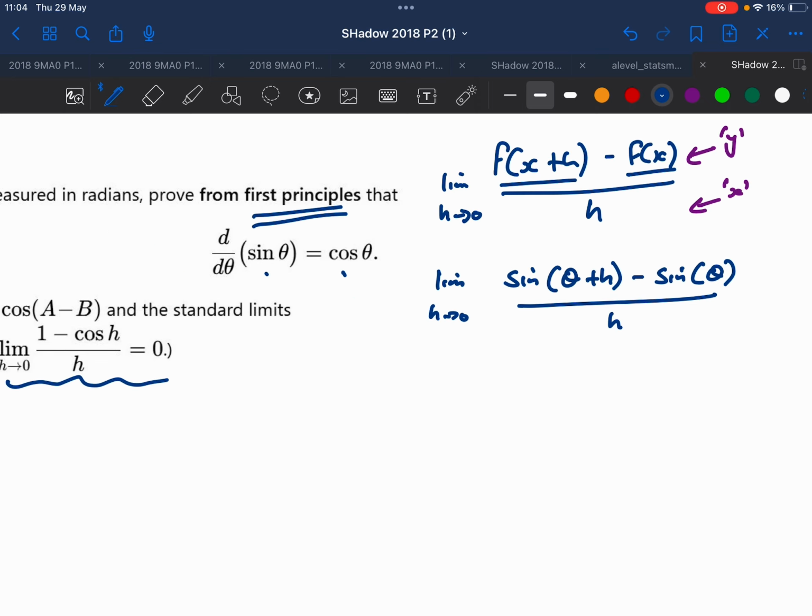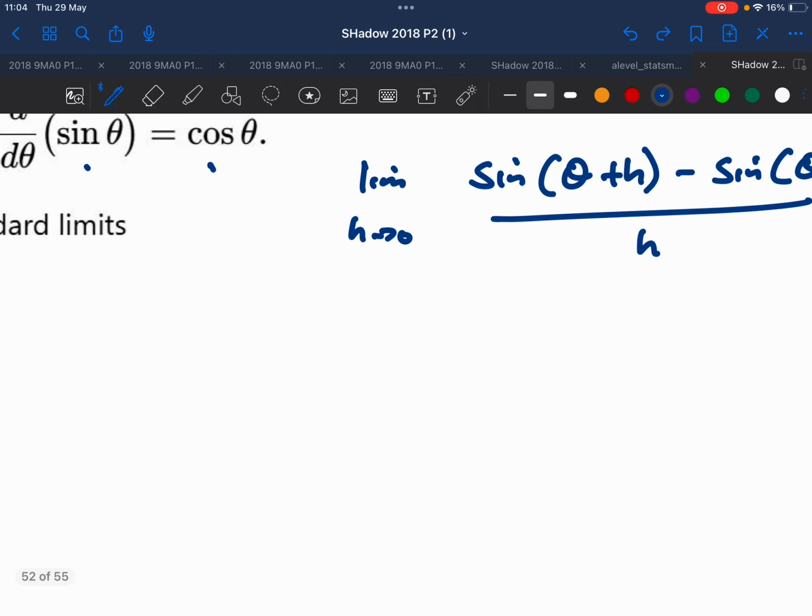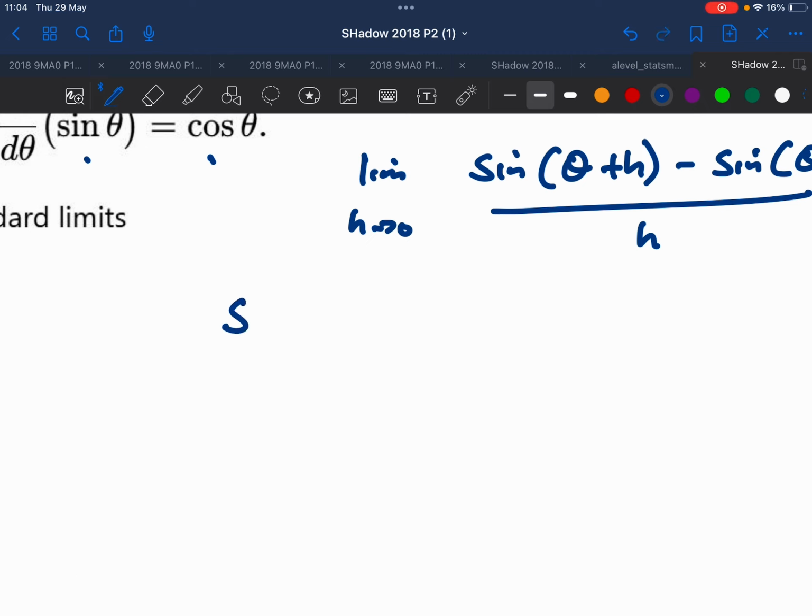What are we going to do next? We are going to use the addition rule. If we don't use the addition rule, we can't really do anything. So let's use some colors just to make it nice and clear. Sine of one, cos of the other, plus cos of the first, sine of the other.